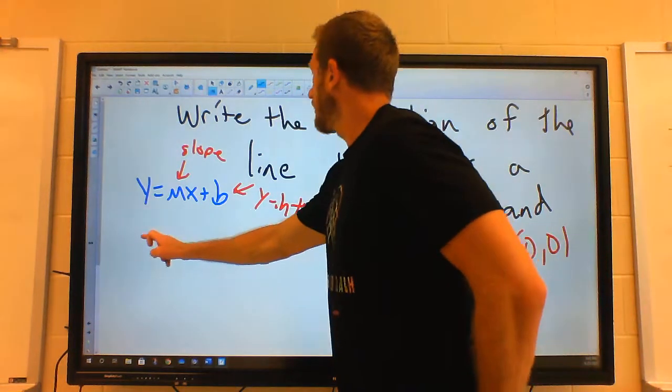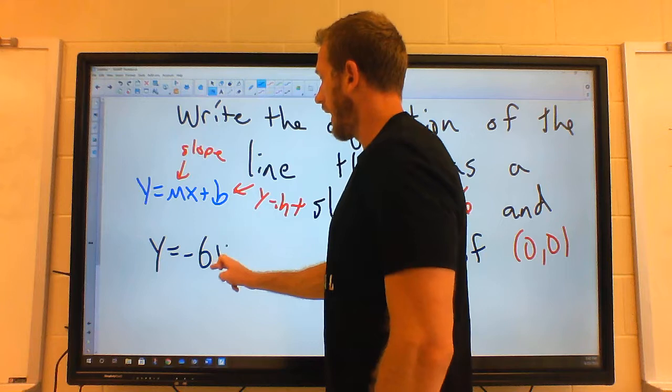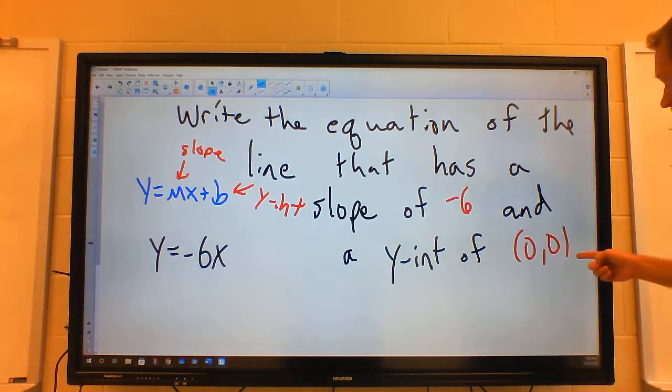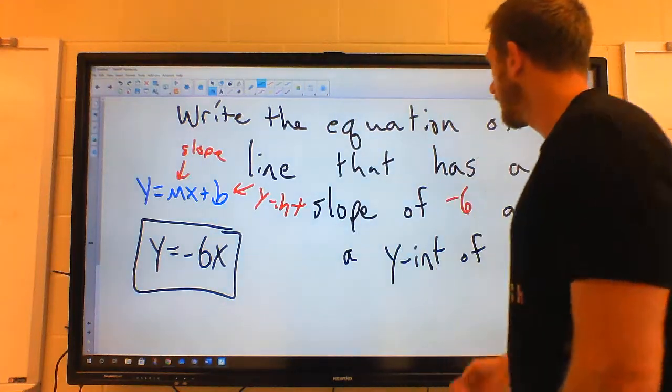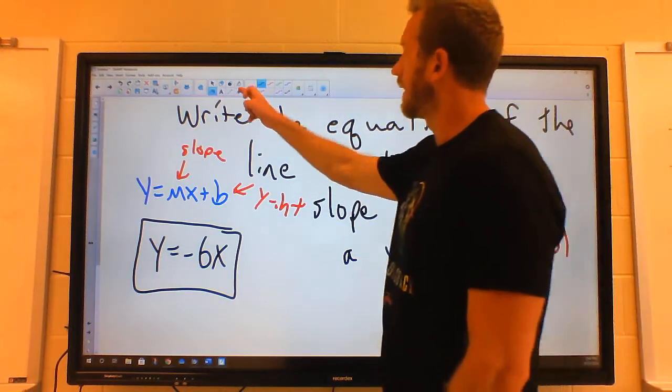Okay, you should have gotten y equals -6x, nothing else. You don't need to write plus 0, you shouldn't have. The answer is just y equals -6x. Okay?